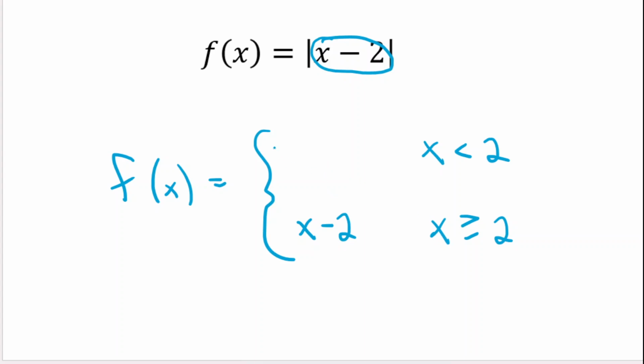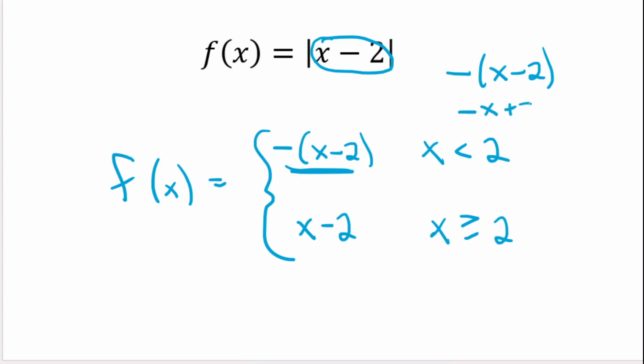The other rule is take what you have, which is x minus 2, calculate it, but then apply the negative sign. So in general, that's fine. I'm going to write it over here for a second. But you do tend to want more simplified versions of your function. So I'm just going to rewrite this as -x plus 2. I'm going to distribute that negative sign. It's just more common to see a mathematically simpler version of it.